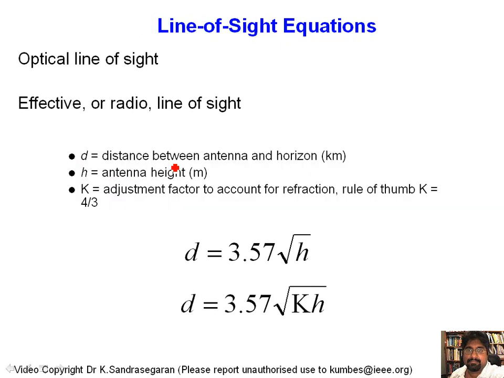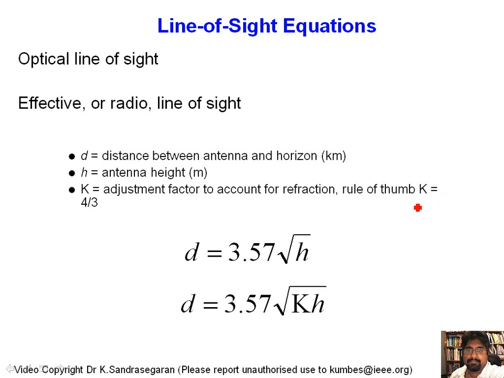the relationship between d, the distance between the antenna and the horizon, and the antenna height is given by this formula here. Now, there is a factor called K, an adjustment factor, to account for refraction, and this can vary from one part of the world to another depending on the atmospheric conditions, because the way electromagnetic waves flow in the tropics will be quite different to the way they flow in colder countries, and very different to the way they flow in desert conditions.